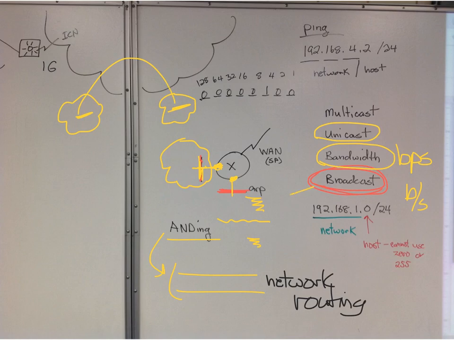A broadcast goes to everyone, and a multicast goes to just a selected group. So routers can take a packet and send it and send it and send it, and then not until they absolutely have to, they can split it up so it goes to a couple different locations.